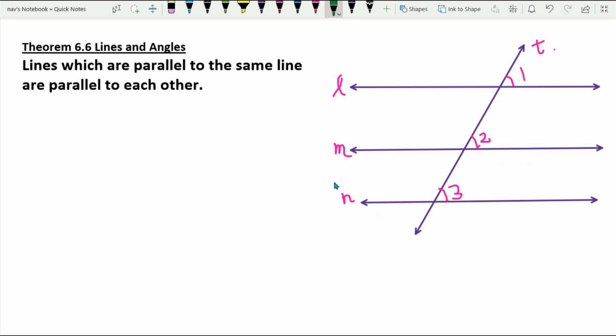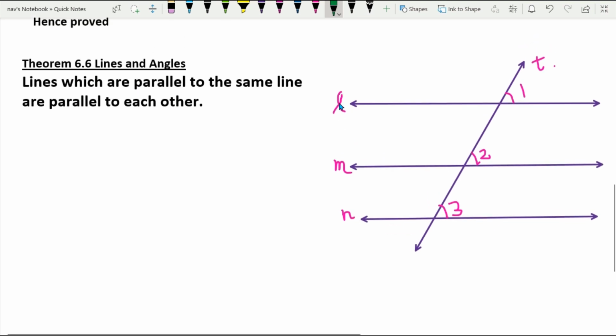So what does this theorem state? This theorem states that if line M is parallel to line L and line N is parallel to line L, then by this theorem line M will be parallel to line N. It's very easy. I will denote it.